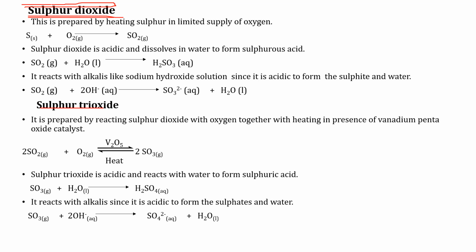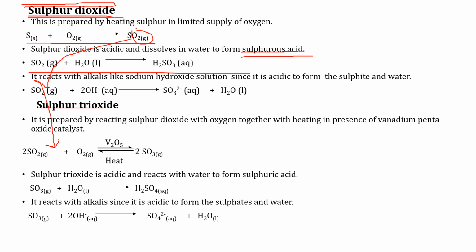Sulfur dioxide can be prepared by simply heating sulfur in the presence of oxygen. And once you dissolve sulfur dioxide in water, you are going to get sulfurous acid. However, when you heat sulfur in excess oxygen, you are going to form sulfur dioxide, and this gas being formed will react with excess oxygen to form sulfur trioxide gas, which is the equation here. But however, let's first look at this.